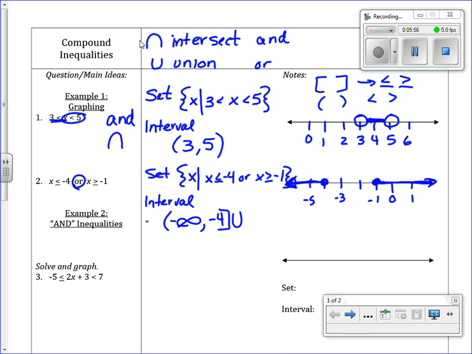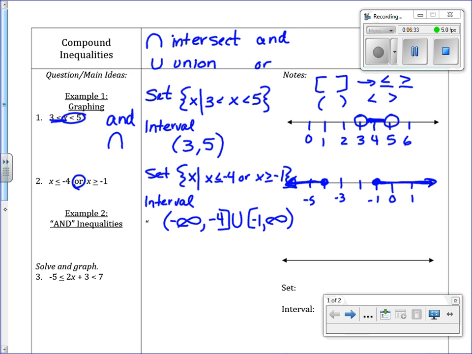In union with, because it's going to be greater than or equal to, negative 1, comma, infinity. Okay, so there's my interval notation. And we get to use the really cool union symbol too. Okay, so basically this is saying that it can go all the way to negative infinity up to negative 4, or it can go from negative 1 all the way up to infinity. Okay, that's what my interval notation is telling me.